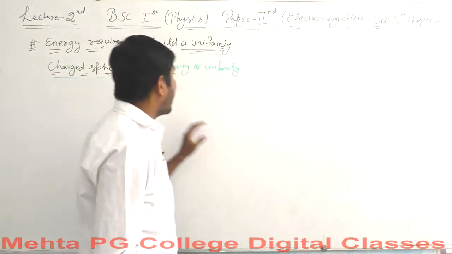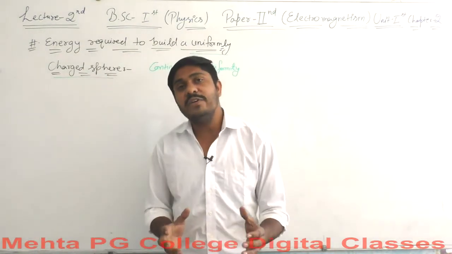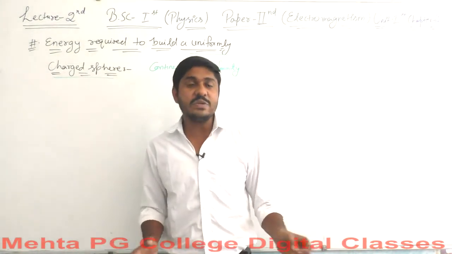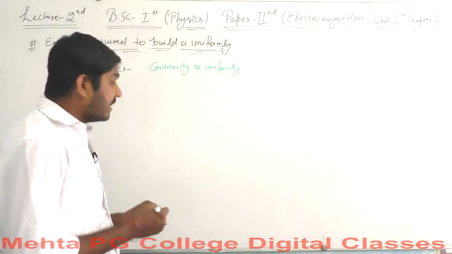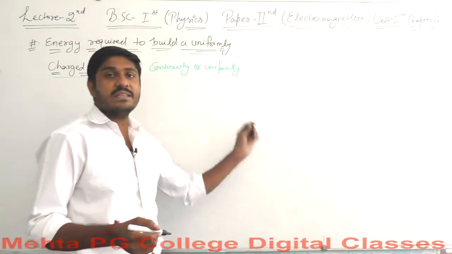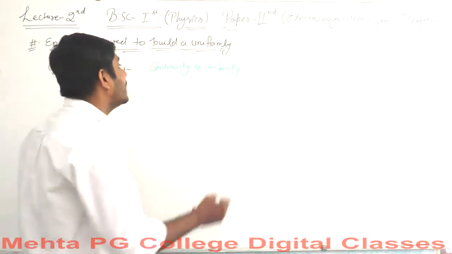So the same thing will happen with the charge here. Continuity is a term related to a surface. There are two terms, and if these two terms are different, then they have different meanings also.